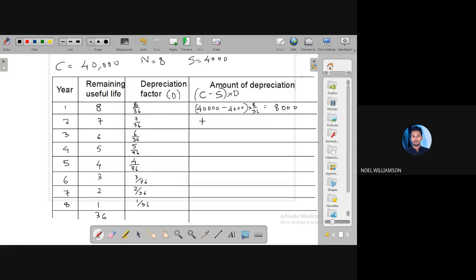Similarly, here 40,000 minus 4,000 into 7 by 36, and you get 7,000.